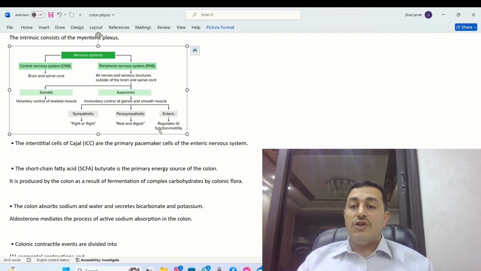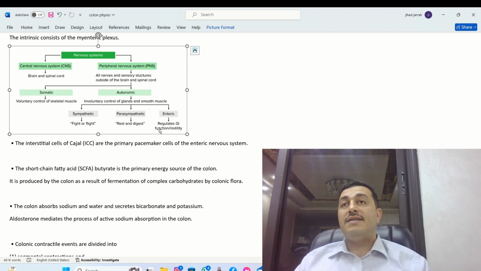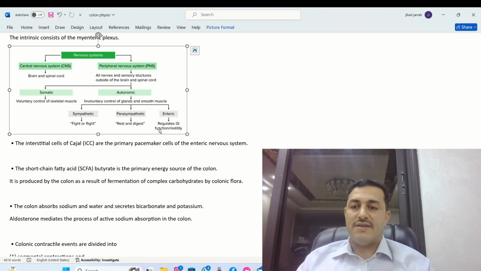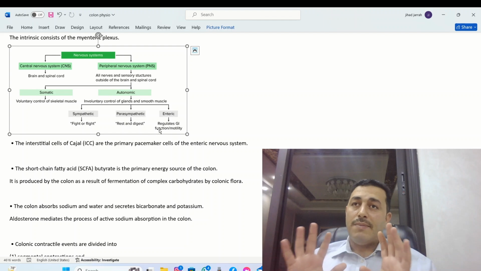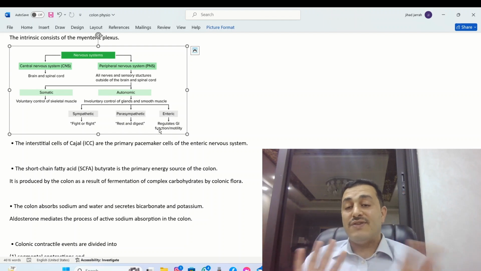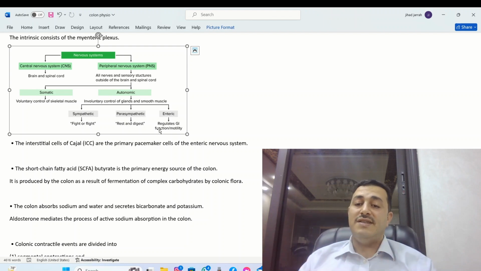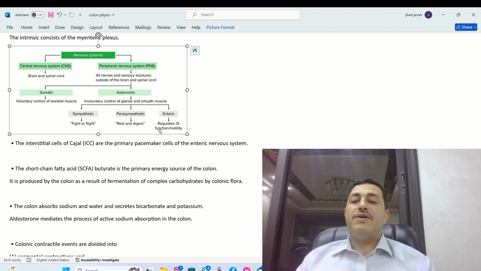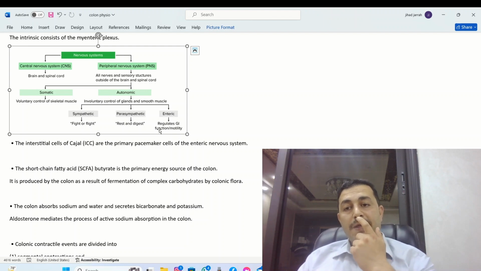Sympathetic is inhibitory to the colonic wall, and it is excitatory, enhancing contraction of the sphincter. Again, we are talking about the colon, not the anus, because it is different physiology, different innervation, different entities. We know fight and flight for sympathetic, rest and digest for parasympathetic.